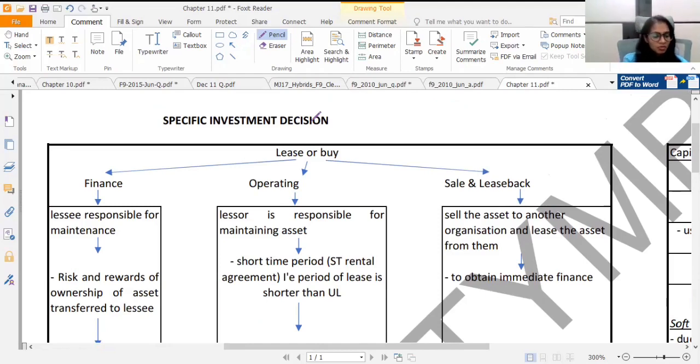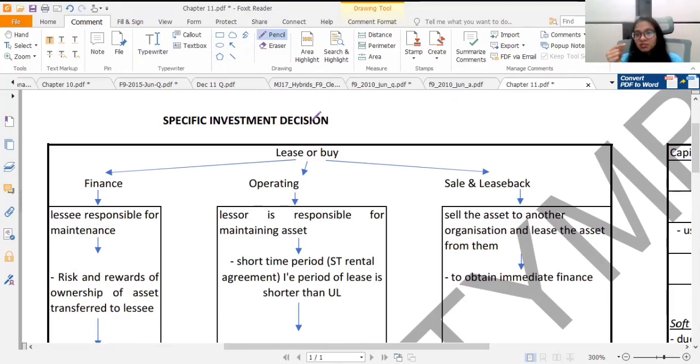So guys, just to remind you, lease or buy decision is something that is deemed difficult by students, because students believe that it is something that is different. But let me ask you this question. Do you think NPV is difficult? Yes or no? If you think NPV is difficult, then you may find lease or buy a little bit difficult.